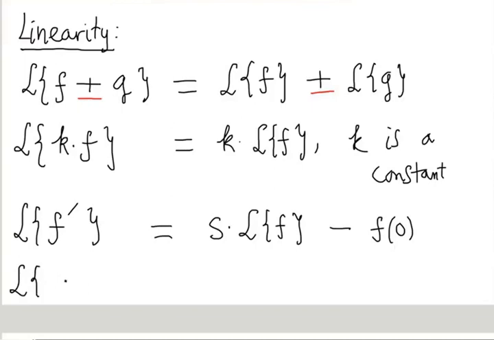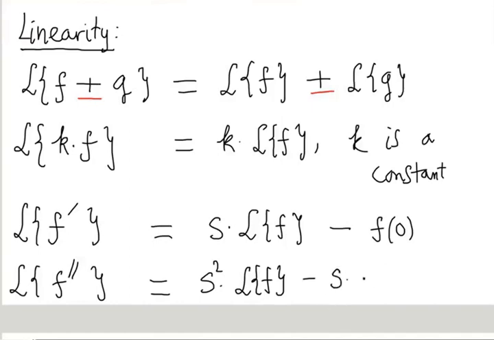And we also need the Laplace transform of the second derivative, which is s squared times the Laplace transform of f minus s times f(0) minus f prime(0). Now for the second formula, you should pay attention to these two factors. We have s times f(0), and here we don't have any s, and it's the derivative.